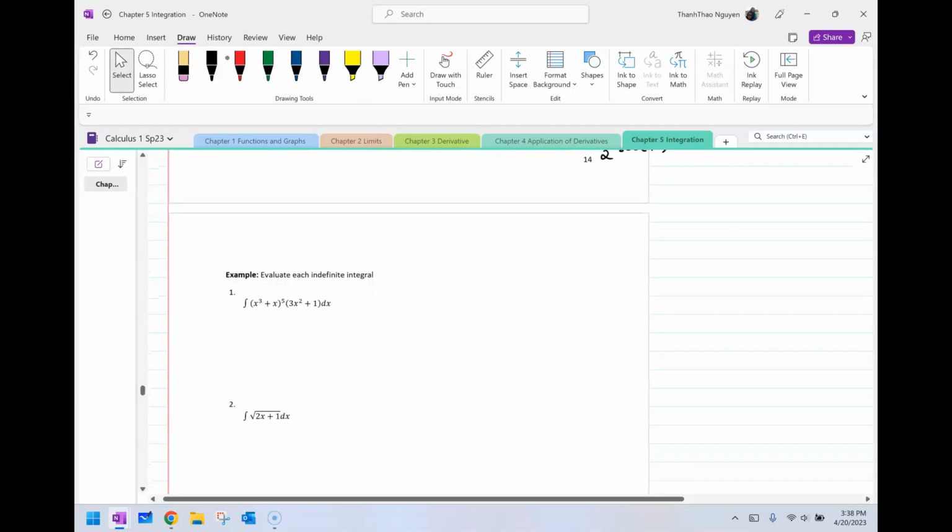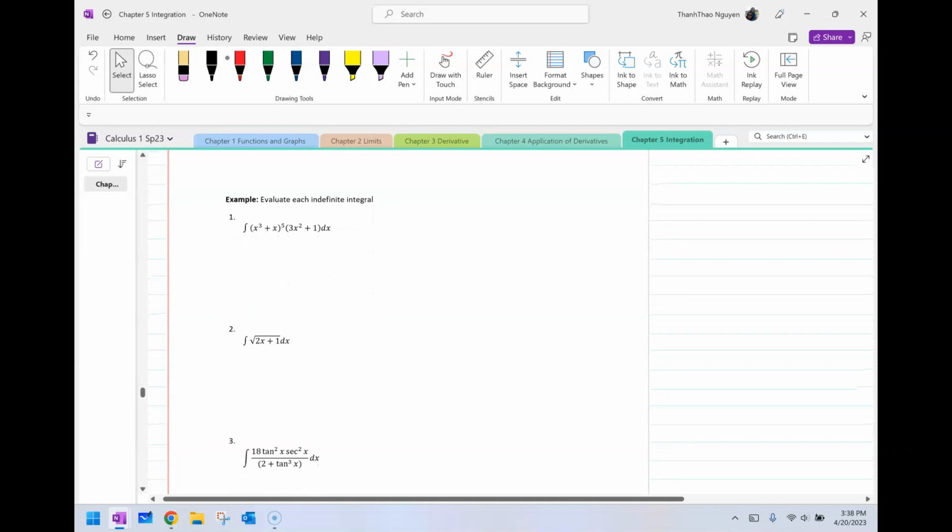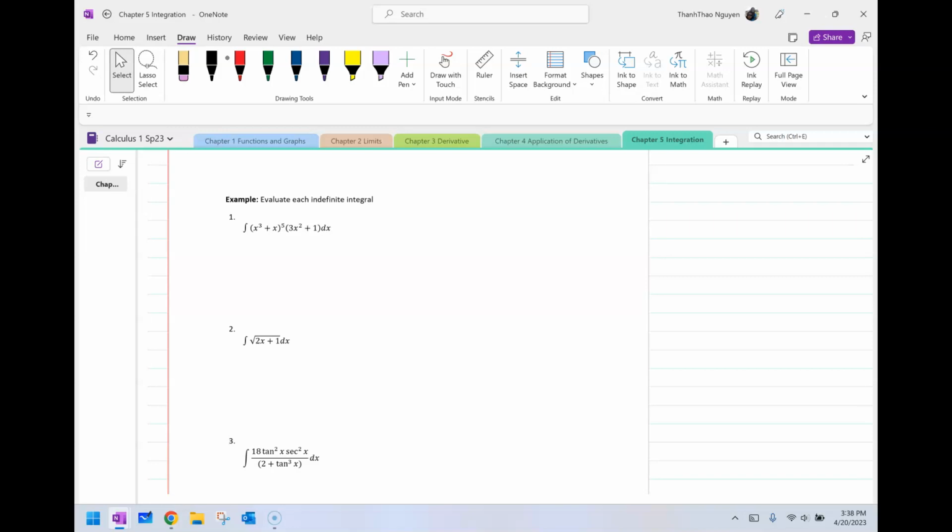Let's see if we can evaluate each definite integral. In this case, we were not told what is u, so we need to figure out what is u ourselves. So in this case, I will let u equal to x to the third plus x.